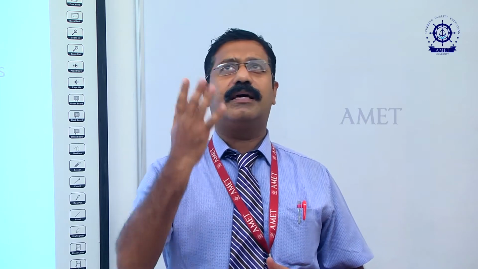If the switch is on, the light will be on. See here, the tube light is on because the switch is on. Here the fan is off because the switch corresponding to the fan is switched off. That's a general thing which we will be knowing.